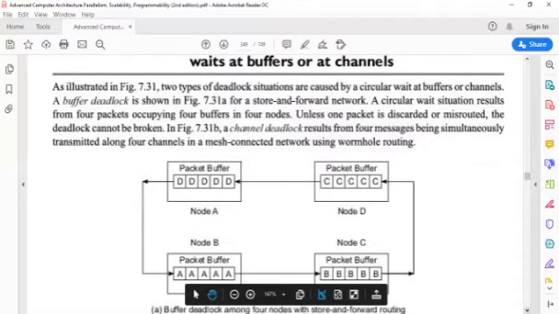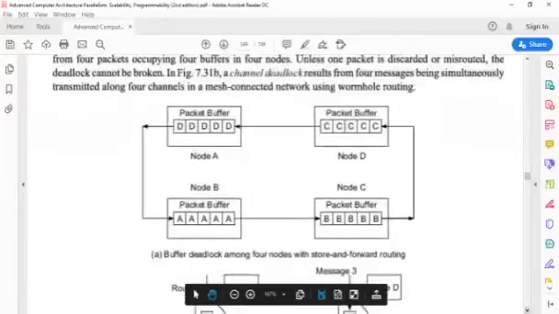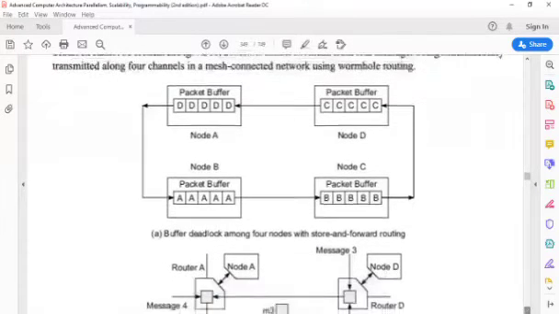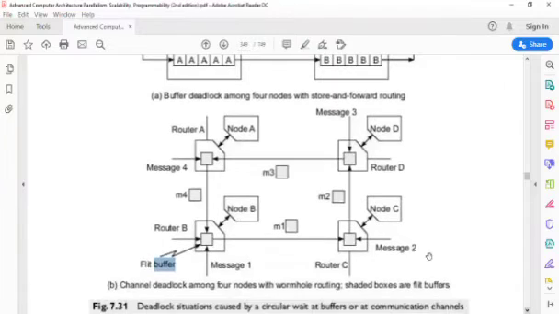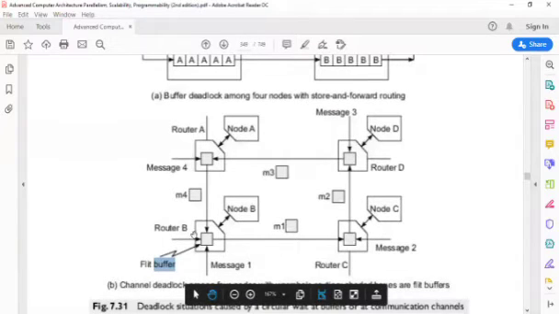Here they give a second example, which is a channel deadlock. Four nodes are trying to pass a message through the channel at a time.